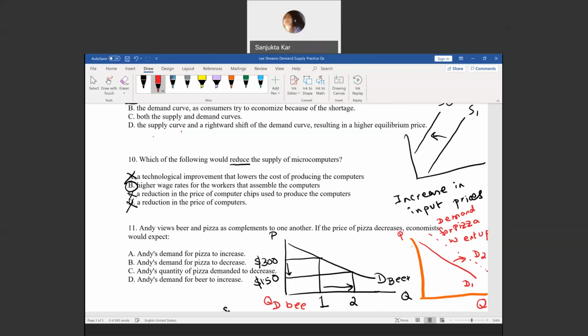These are quite important distinctions. Quantity demanded for beer went up. But when we are looking at pizza, we say the demand for pizza went up because the demand curve shifted to the right, or increased. Okay.